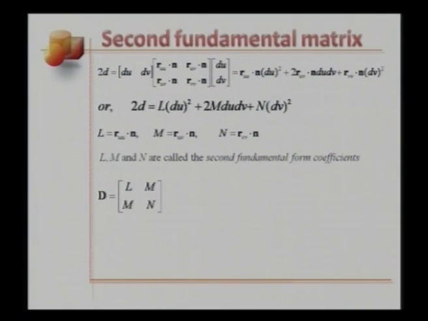So the second fundamental matrix D is written as L, M, M, and N, which is r uu dotted with n, r uv dotted with n, r uv dotted with n, and r vv dotted with n.